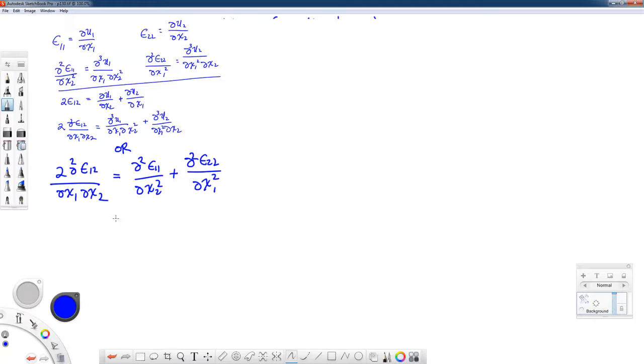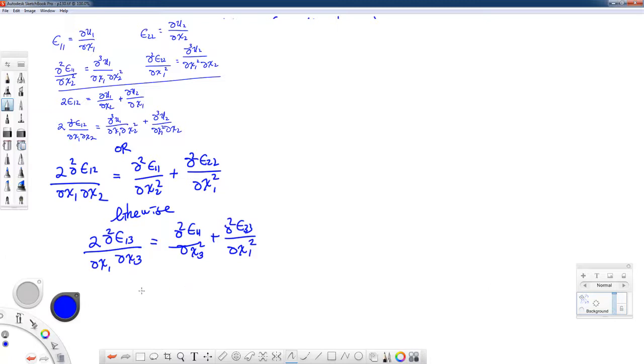Okay, and then likewise, we have 2 more additional relations. 2 times the second partial of epsilon 1,3. Some people write this in terms of the engineering shearing strain. The mixed partial with x1 and x3 is equal to the second partial of epsilon 1,1 with respect to x3 twice, plus second partial of epsilon 3,3 with respect to x1 twice.